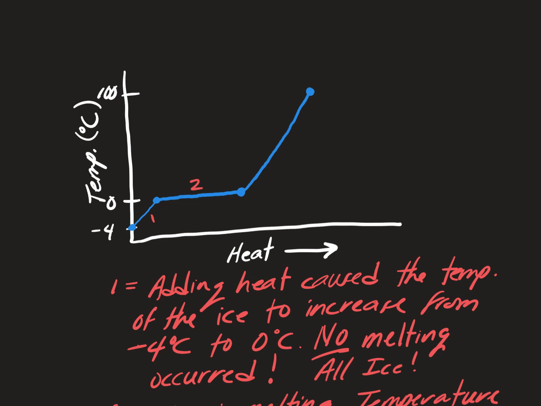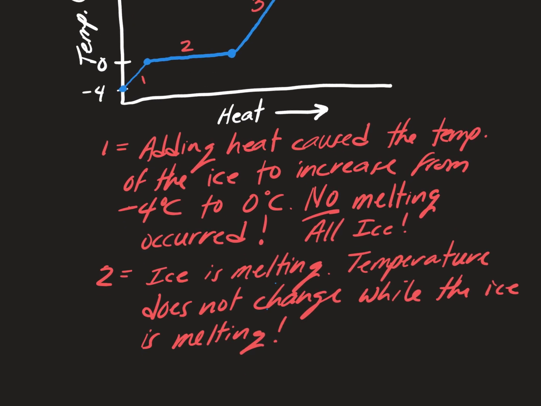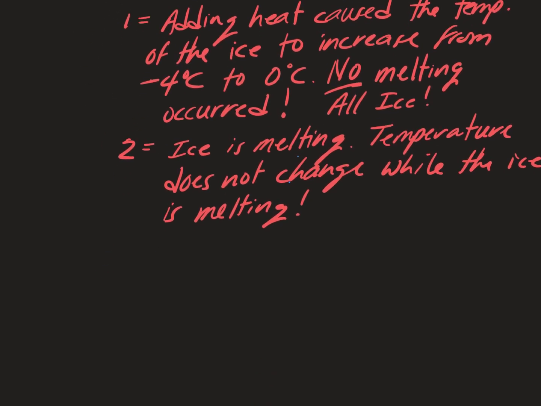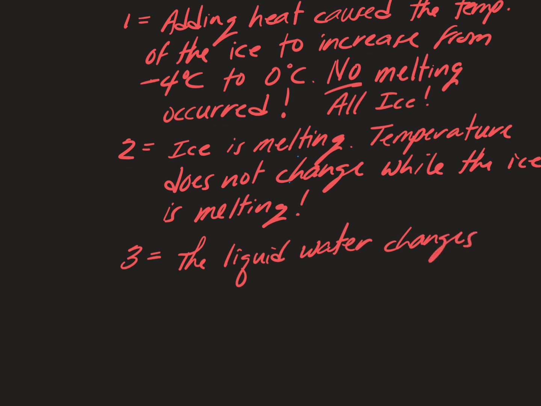I am going to call this part of my graph part 3, okay? And during part 3, let's just write this out. During part 3, the liquid water changes temperature with added heat energy.